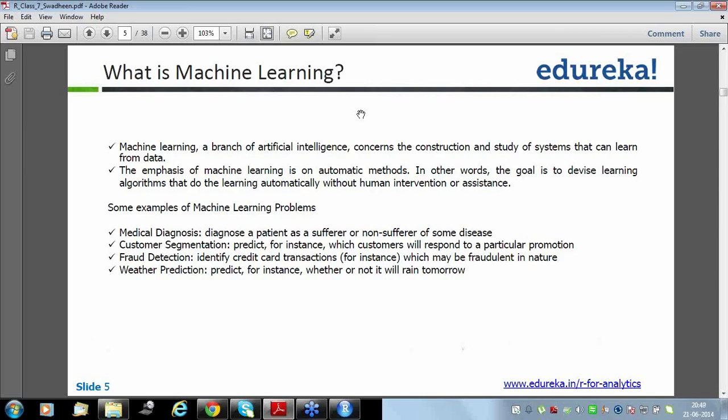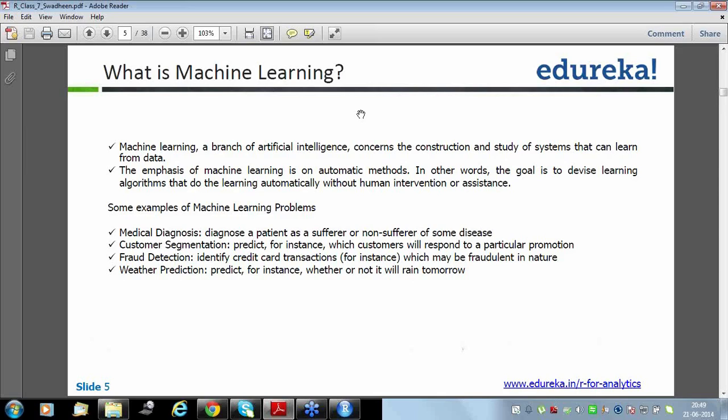So based on the diagnostic code, can we predict that the patient can suffer from a particular disease, let's say AIDS or cancer or anything, or is a non-sufferer. Based on the data, we try to come up with that, and that would help us in locating fraudulent activities if anything is happening there.